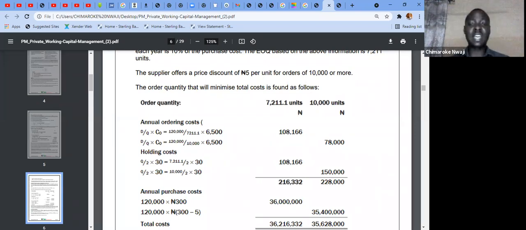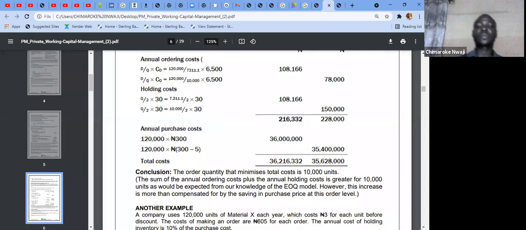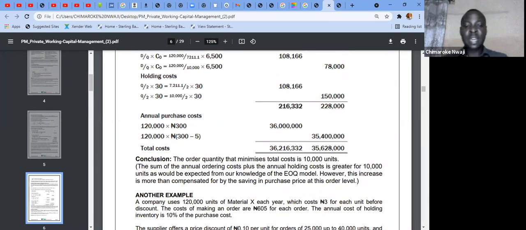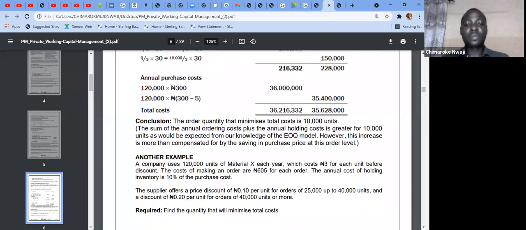So you see here that buying in bulk when the price discount is given to you really makes sense. But you must check it out like this to see if the discount is worth the total cost. Now, another example.